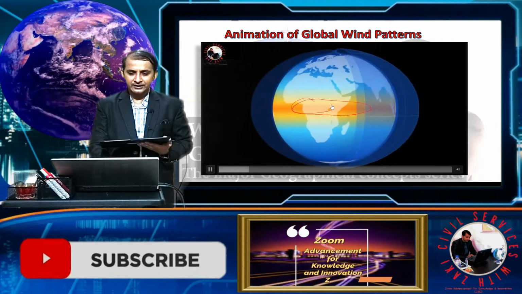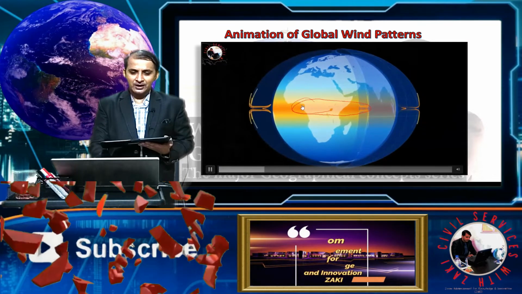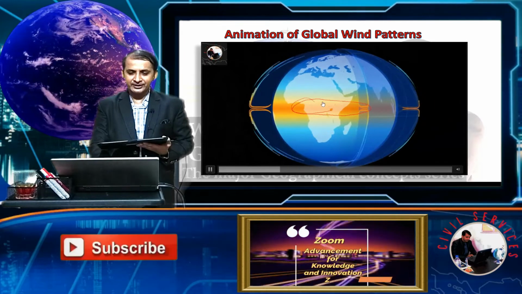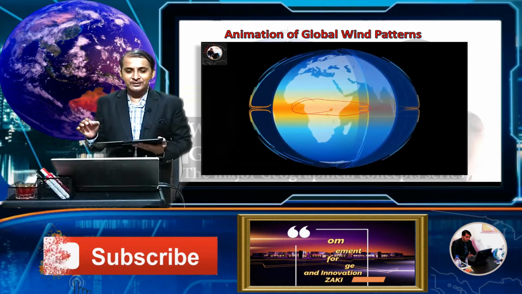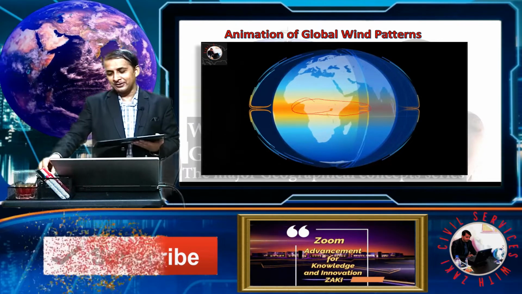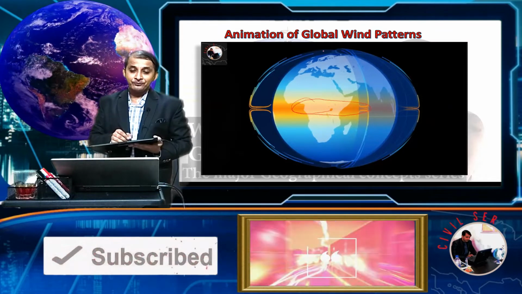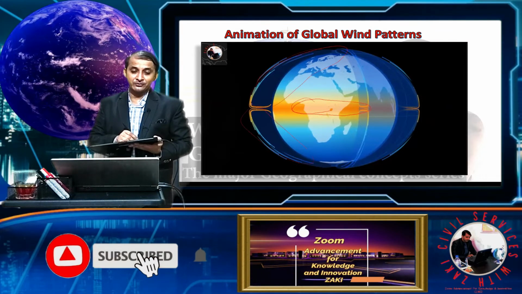If you assume our Earth is not a rotating planet, then there will be only one cell, this type of one cell.